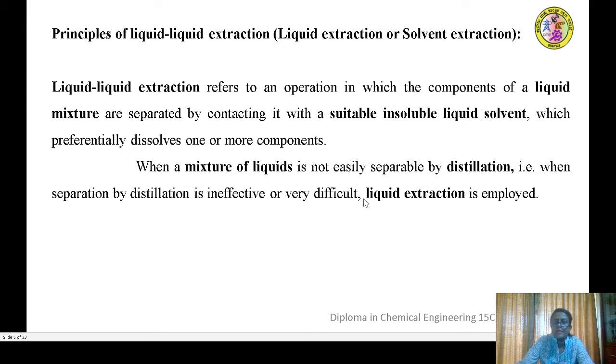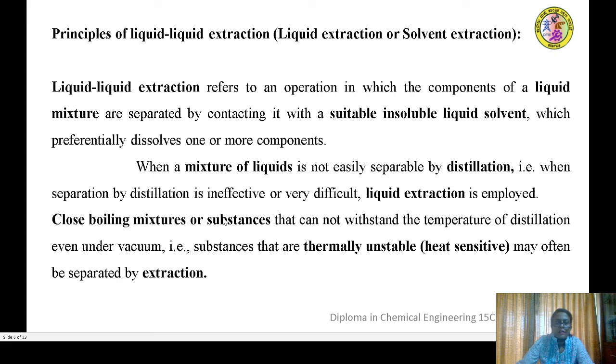So, if the separation by distillation is possible, but no effective separation is given by it, or if the separation by distillation of the given mixture of liquids is very difficult, then you will choose extraction. These are some instances where you consider extraction in place of distillation.